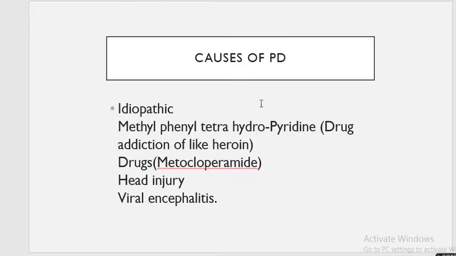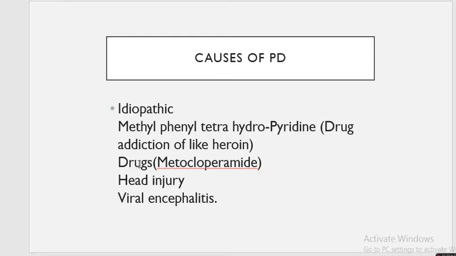Now I'll talk about the causes of Parkinson disease. The causes can be idiopathic, or drug-related, such as drug addiction like heroin. Drugs like metoclopramide, an antiemetic drug, block the D2 receptor. When the D2 receptor is blocked, there is no dopaminergic stimulation and no release of dopamine.